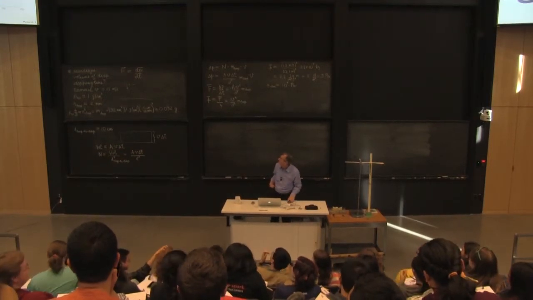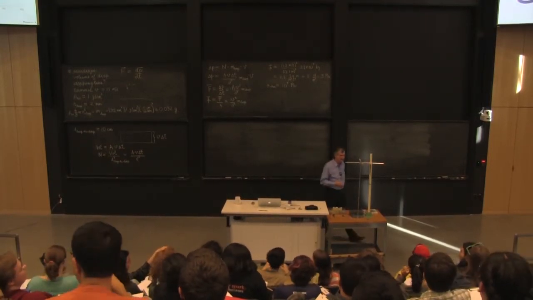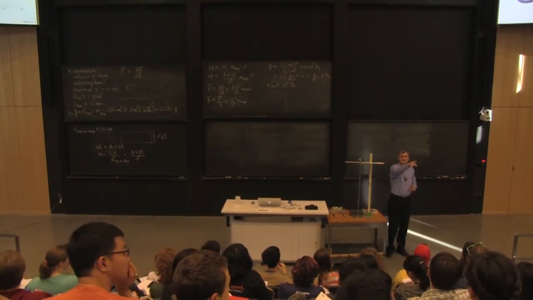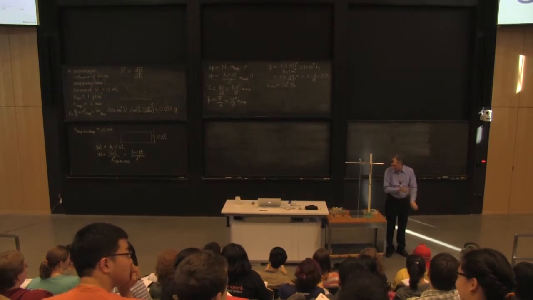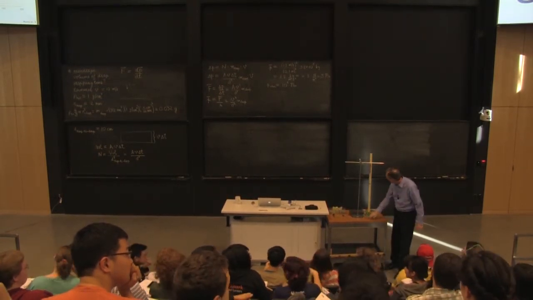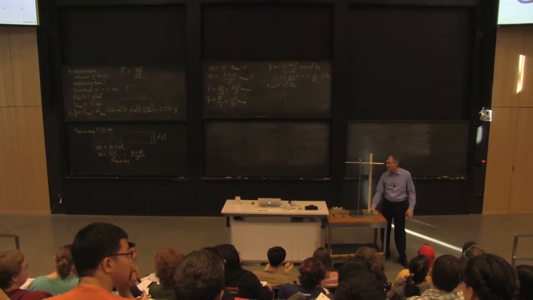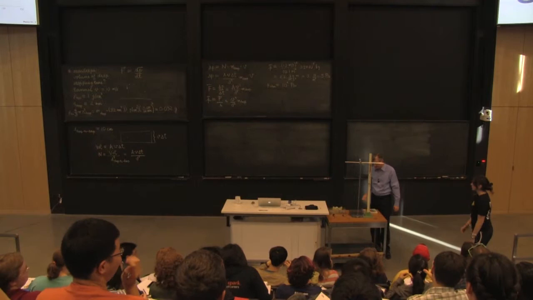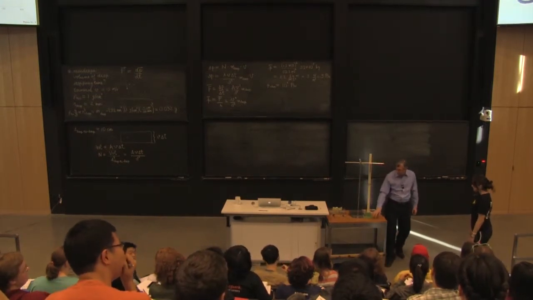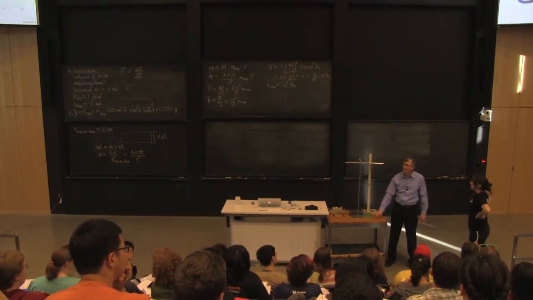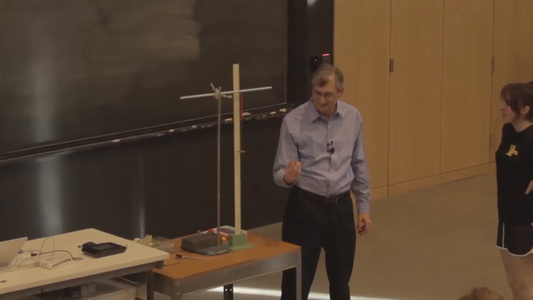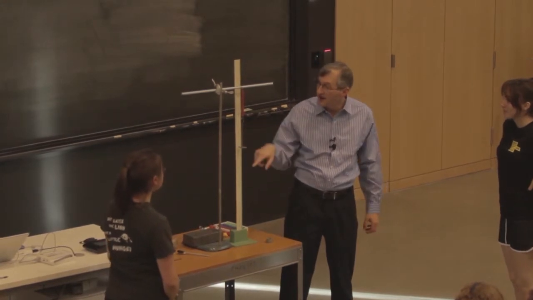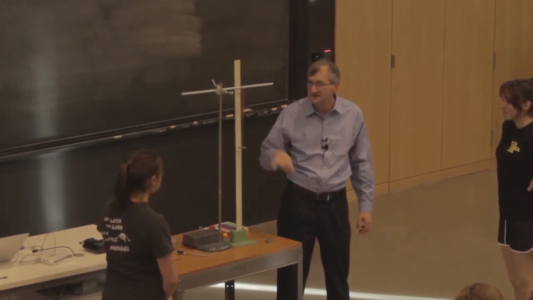Okay, so I need a bit of help. I need a couple of volunteers up here. There's one. There's one. Okay. So what we're going to do is interrogate this spring by adding successively a bunch of these masses, and one of you is going to add them, and the other is going to read out where this thing is.